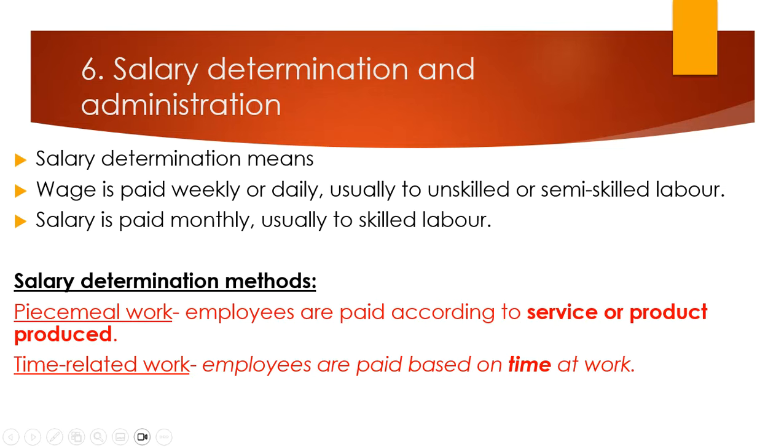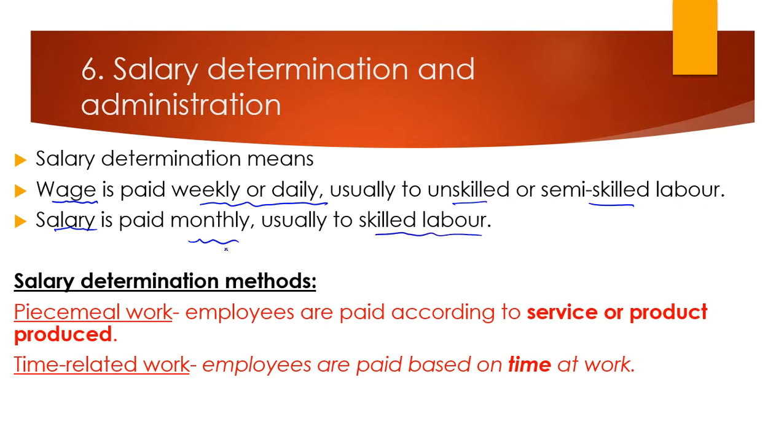All right, now the last step would be the salary determination. We need to decide, are we going to pay this person a wage? If we are paying them weekly or daily, it will be a wage, or a salary if we are paying them monthly. The wage is usually for unskilled or semi-skilled labor. A salary is usually paid to skilled labor.